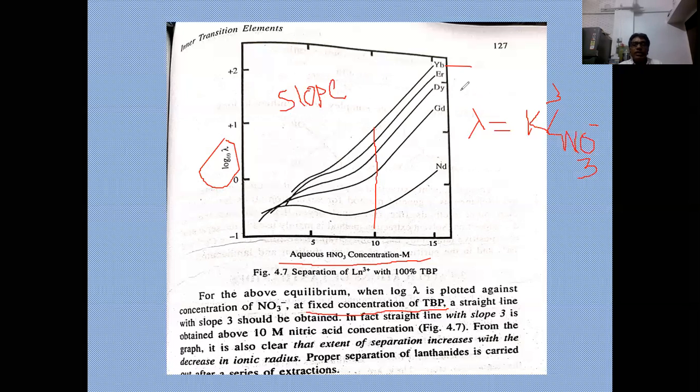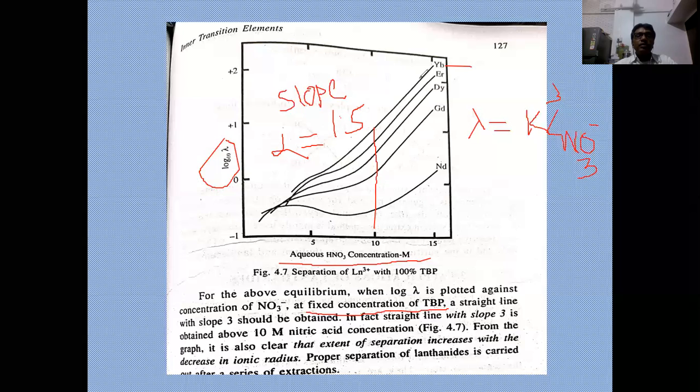Particularly at higher concentration of the nitric acid, a better separation factor alpha is reported. The value of alpha becomes 1.5 at higher concentration of nitric acid, around 15 molar. So the extraction of the lanthanum takes place properly as we increase the concentration of the nitric acid.